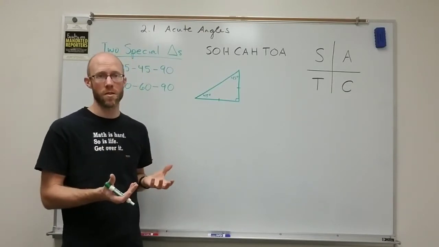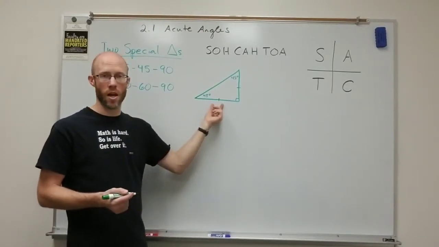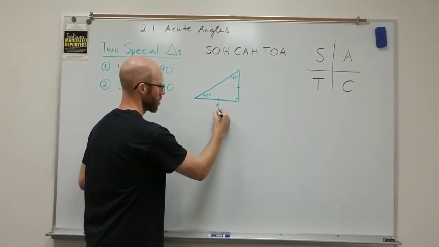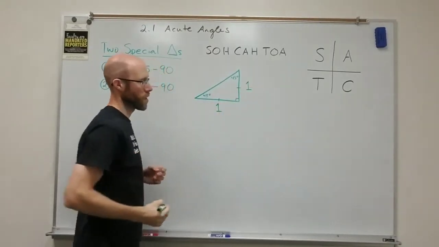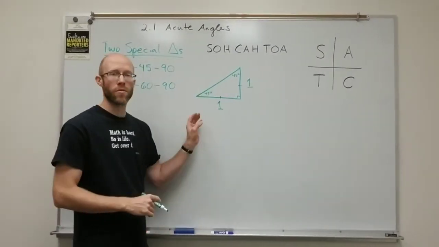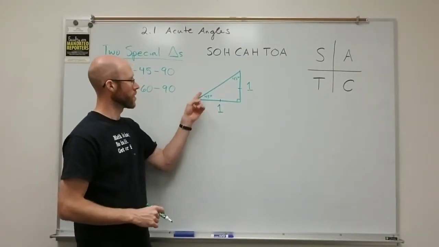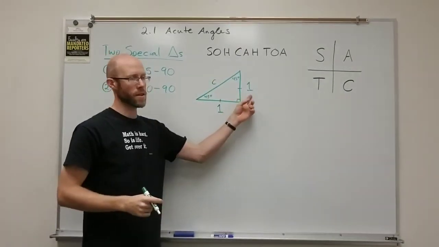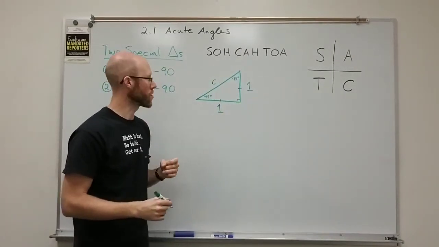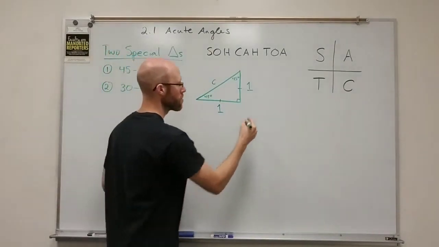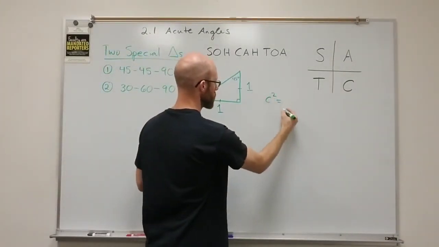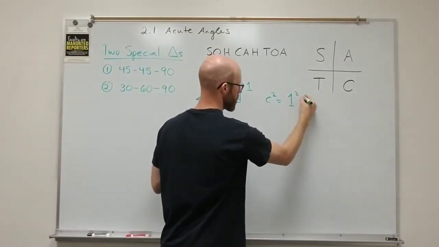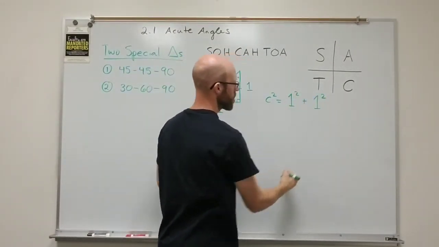So just for ease of arithmetic, I'm going to choose a side length of 1 on these two sides. Okay, so I've got a side length 1 here and a side length 1 here. So we can determine then the third side, which I'm going to call c, based upon the other two sides. To do that, I use the Pythagorean theorem. We know that c squared is equal to the sum of the squares of the other two sides. So that'll be 1 squared plus 1 squared.